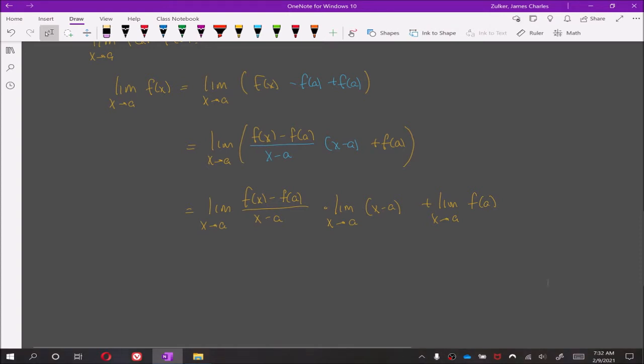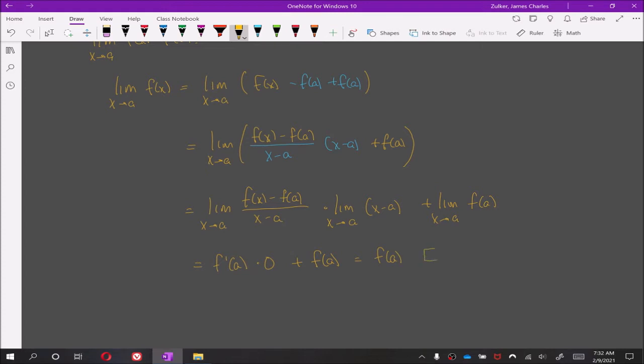Now this piece right here is the derivative at a, because it is differentiable at a. Then that second limit is just 0, and that third limit is the limit of a constant, so it's just f of a. This is equal to f of a.